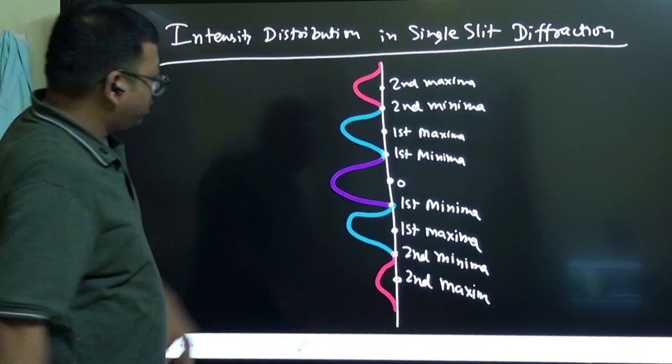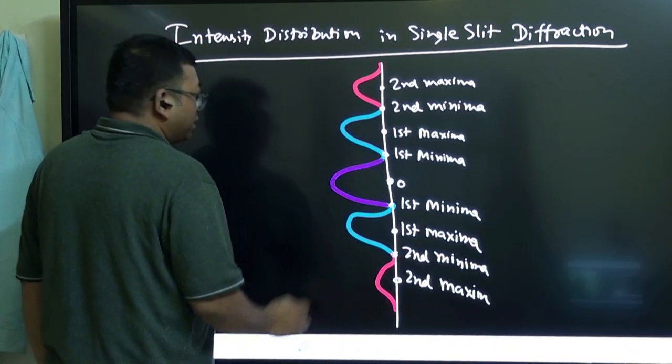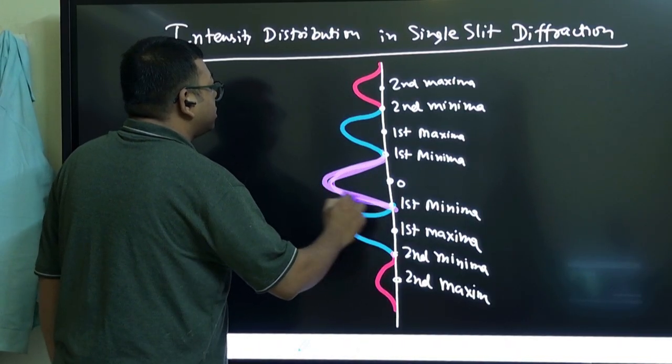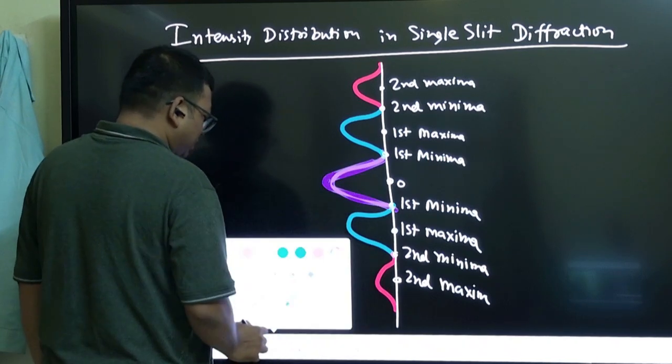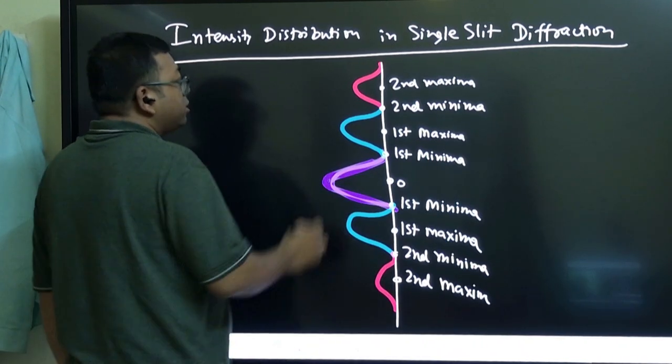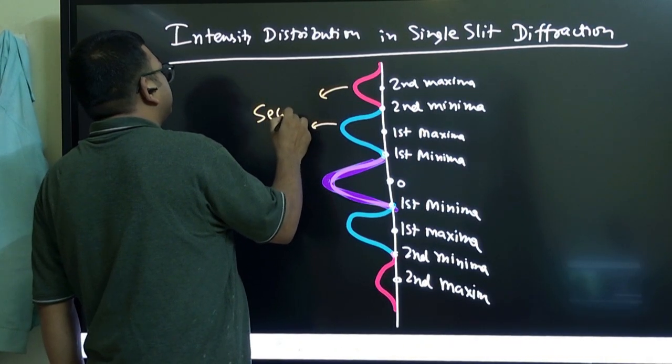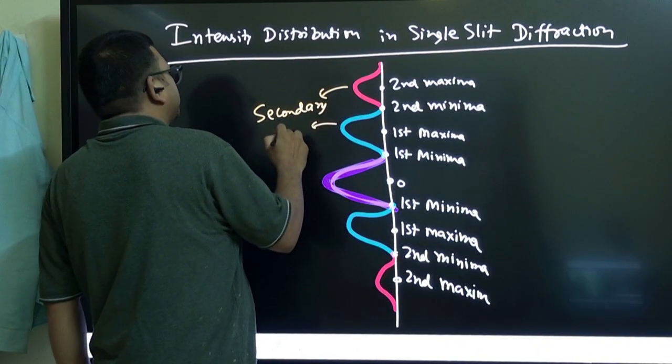You see the first one, the central bright spot, is the maximum. This is the central maxima, and all the others are called secondary maximas.